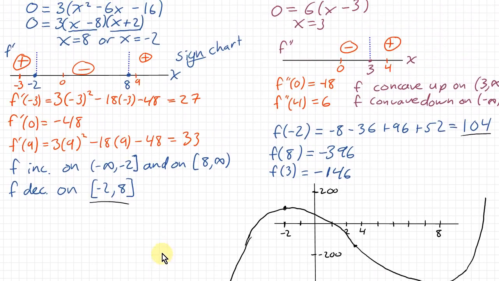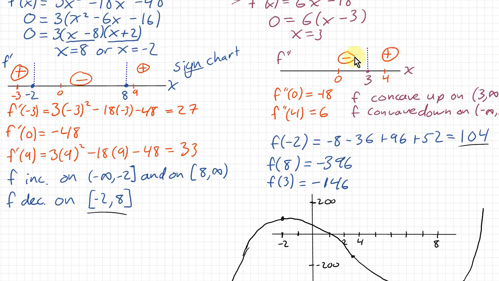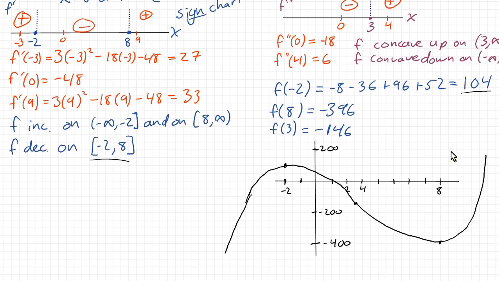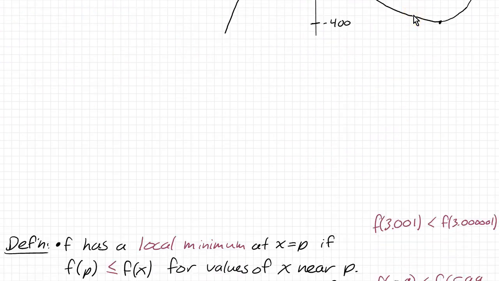When f double prime in this example changed from negative to positive, and the graph of f was concave down and then became concave up after it, that makes this an inflection point. Sometimes I'll say 3 is an inflection point, or I might just say the point 3, negative 146 is the inflection point.